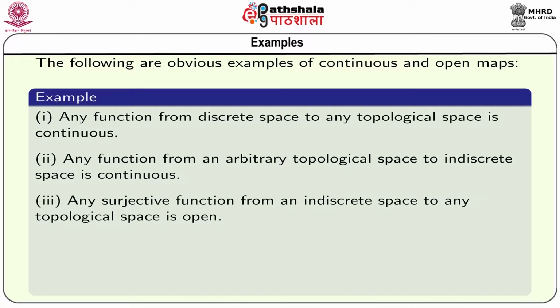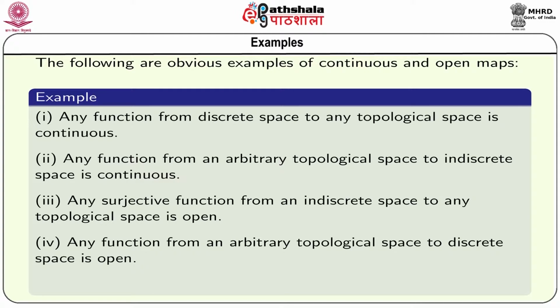Any surjective function from an indiscrete space to any topological space is an open map. Any function from an arbitrary topological space to a discrete space is an open map. Any constant map is always continuous.